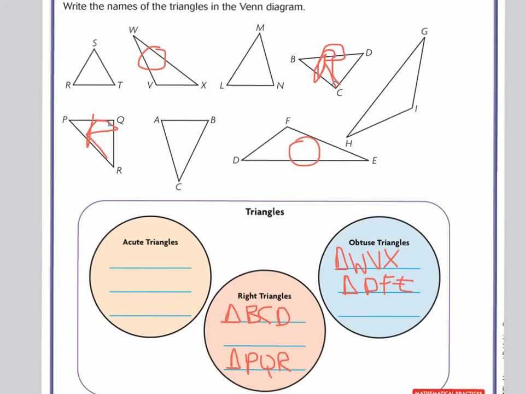Make sure you always have the triangle symbol in the front when you're talking about a triangle, because otherwise someone might get it confused for just an angle. So always make sure you have that little triangle at the front when you're writing or talking about a specific triangle. And then lastly, we have this obtuse one. So triangle HIG.